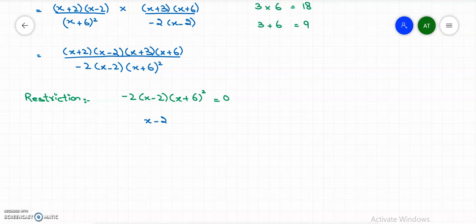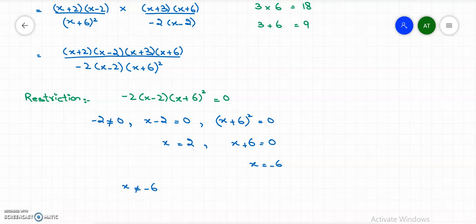So x minus 2 is separately equal to 0 and x plus 6 whole square is separately equal to 0. And we know that negative 2 cannot be equal to 0 because negative 2 is only equal to negative 2. So from here the x value is positive 2, and if we take the square root on both sides, we are left with x plus 6 equals 0, and after solving we have x equals negative 6. So the restrictions are x is not equal to negative 6 and x is not equal to 2. So these are the two restrictions.